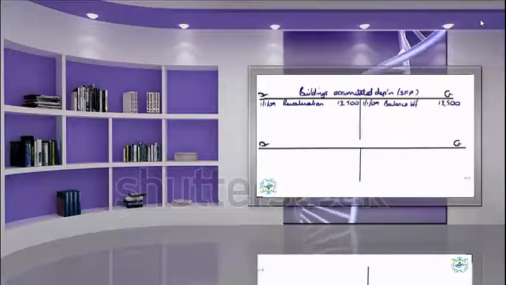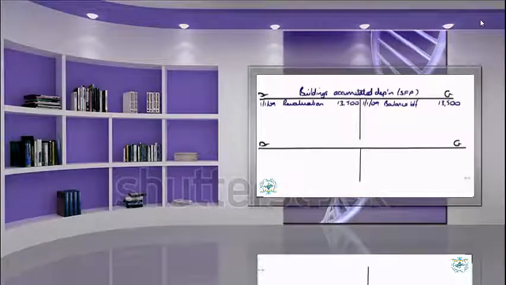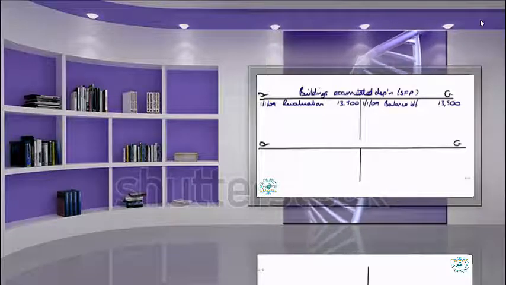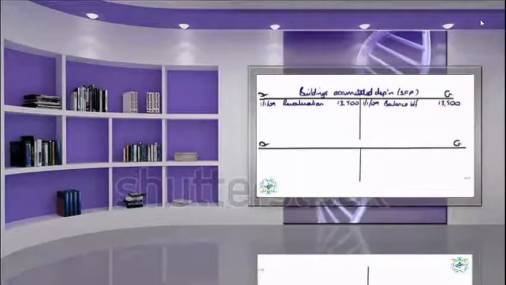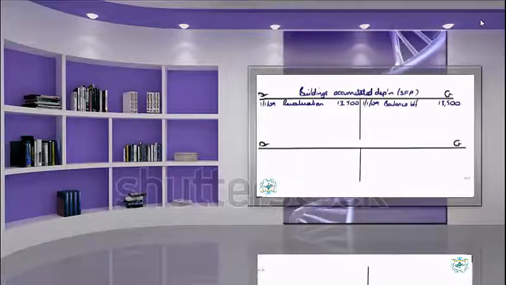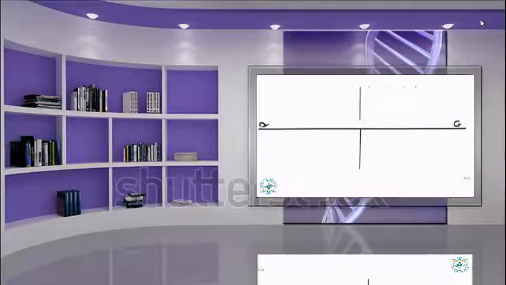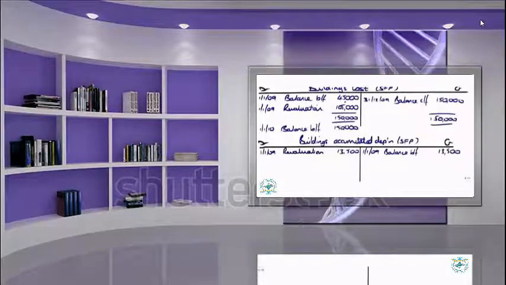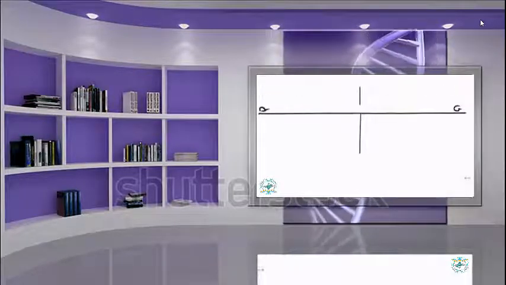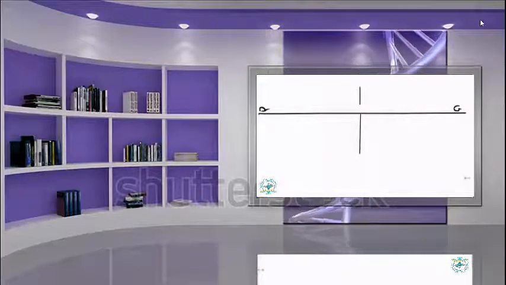And we know that we will still need to depreciate the building even after we revalue. So we're going to leave that open because we're going to come back to that when we look at Part C.